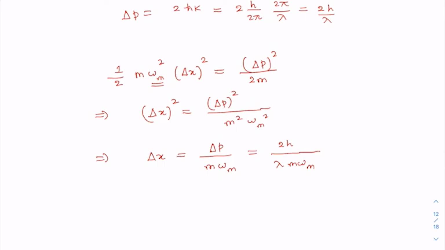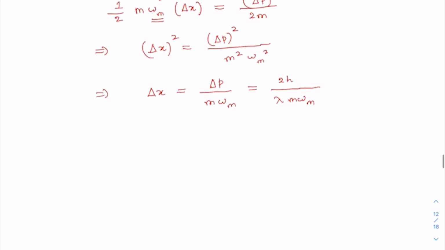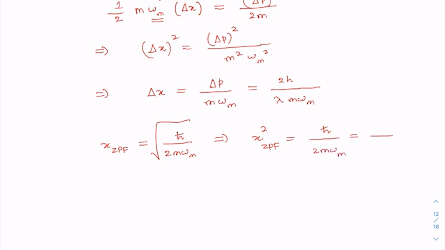Okay, now you know the so-called zero-point fluctuation, which we discussed when we discussed the mechanical harmonic oscillator. This zero-point fluctuation is the square root of h cross divided by twice m omega m, or I can write x zero-point fluctuation square is equal to h cross divided by twice m omega m, or h divided by 4 pi m omega m.